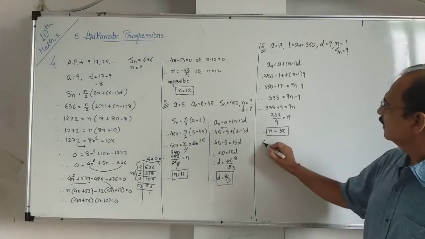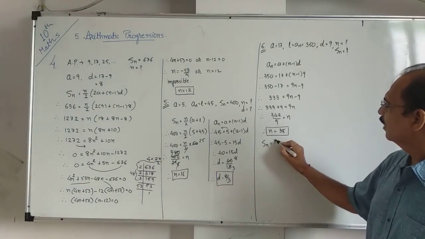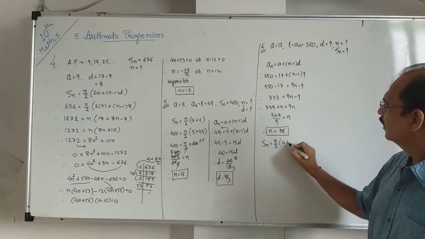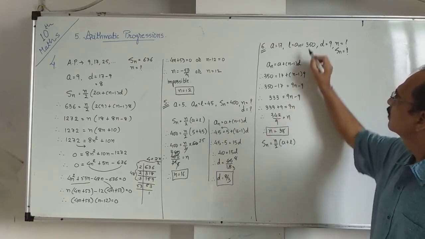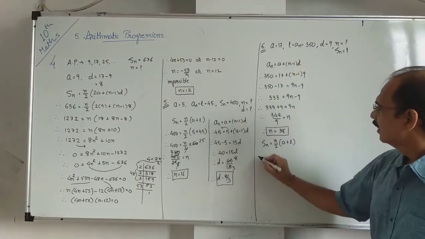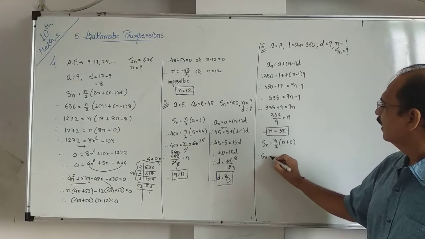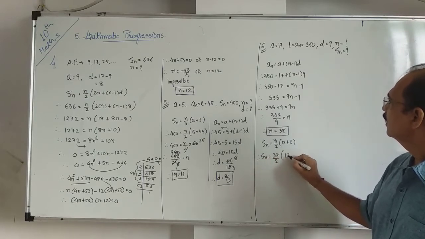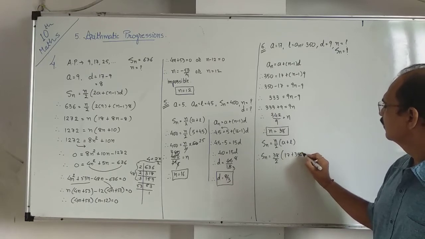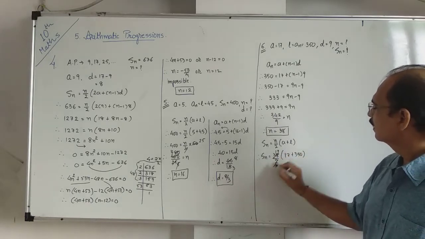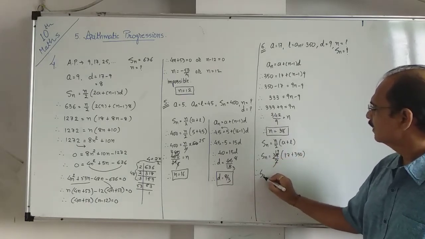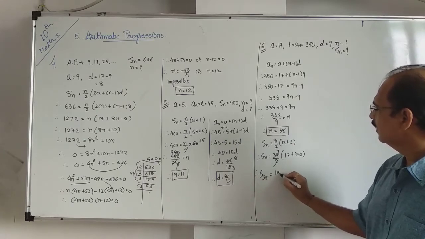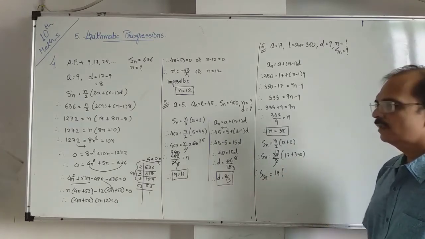Now find out Sn. Sn equals n by 2 into (a plus l). You can apply l because we have Sn we want to find. n is 38 upon 2, a is 17 plus 350. 2 nineteens are 38. So Sn, means S38, equals 19 into 367.